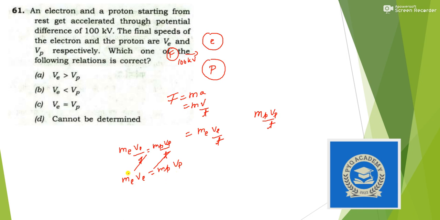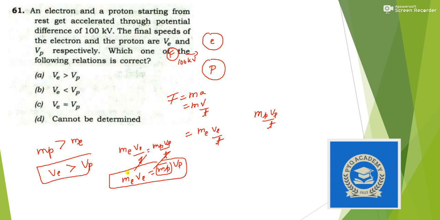We know that the mass of the proton is greater than the mass of the electron. So to satisfy this equation, ve should be greater than vp. If one quantity is less, then the other quantity should be greater. So we get our answer, option A.